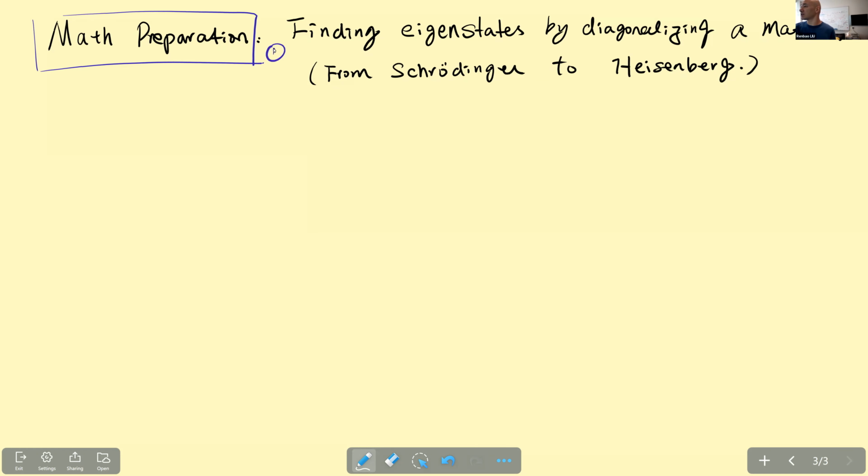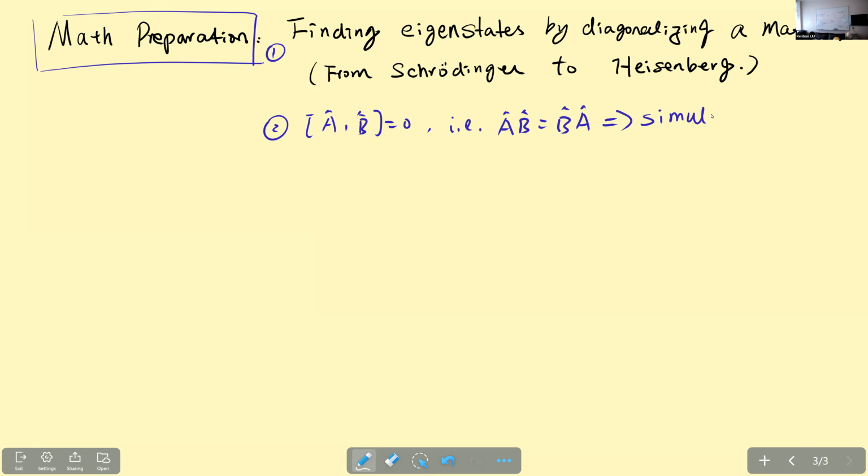But first of all, we need to learn how to find the eigenstates of a matrix, of an operator, by diagonalizing a matrix. Secondly, we say that if A and B commute, okay, that means AB equals BA, and then therefore simultaneous eigenstates. Right. So that's what we're going to do.